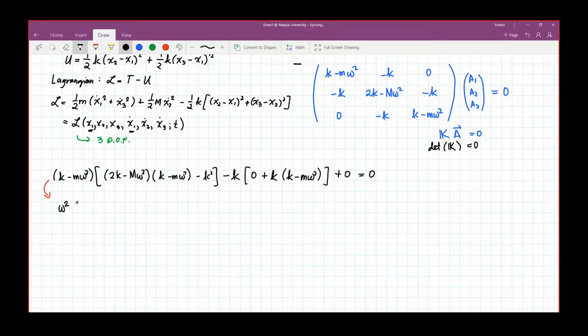This is omega squared times (K minus M omega squared) times (small m, capital M, omega squared minus 2 mk minus k, capital M) equals 0.